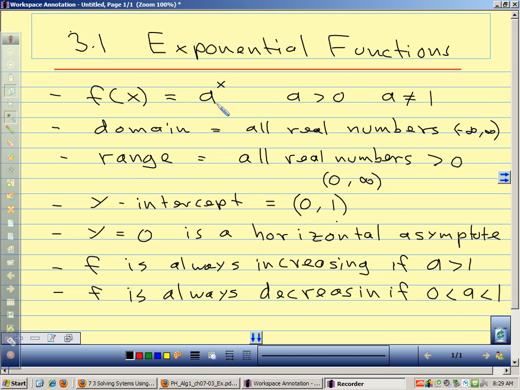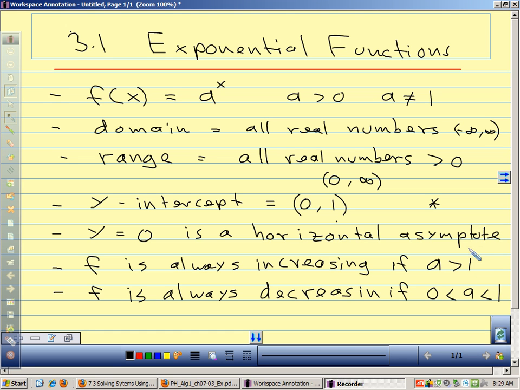So if a is a fraction, our exponential function is always decreasing. So this y-intercept, that's an important one to remember for exponential functions. And y equals 0 as a horizontal asymptote is another important one to remember.